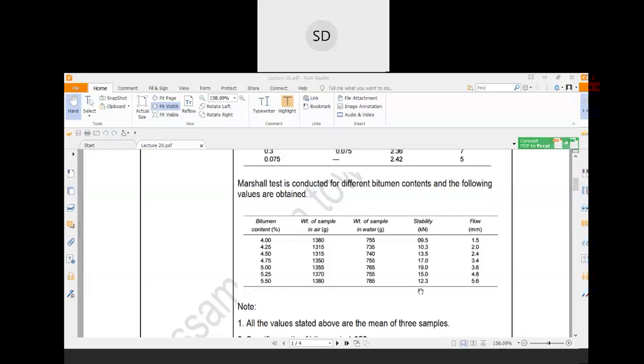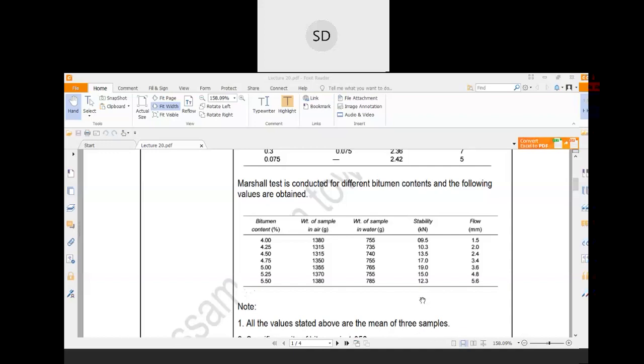Why will the stability value decrease? Because if there is an excess of bitumen, when you apply any external force, that force will be transferred to the lower portion by hydrostatic pressure. The load carrying capacity of the bitumen under hydrostatic pressure is very much lower than that of the aggregate particles.